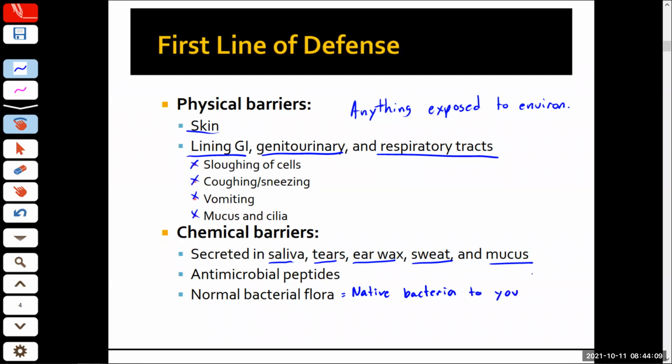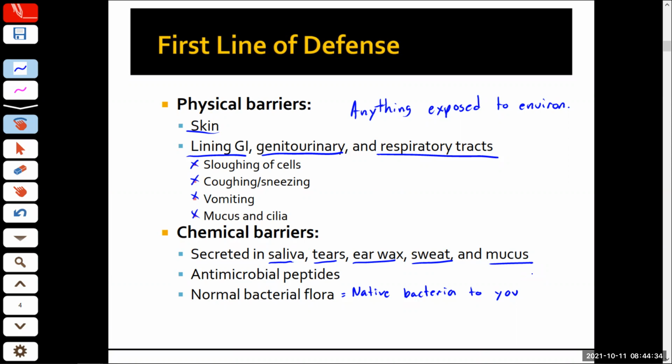Anybody familiar with MRSA? What do you guys know about it? It's antibiotic resistant. It's real nasty. It can get in your nose. It's a flesh-eating bacteria that is antibiotic resistant.